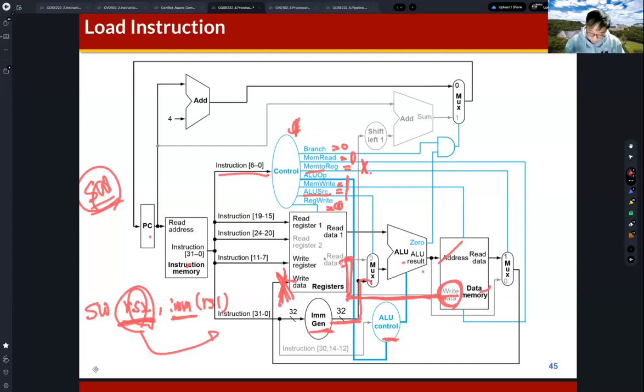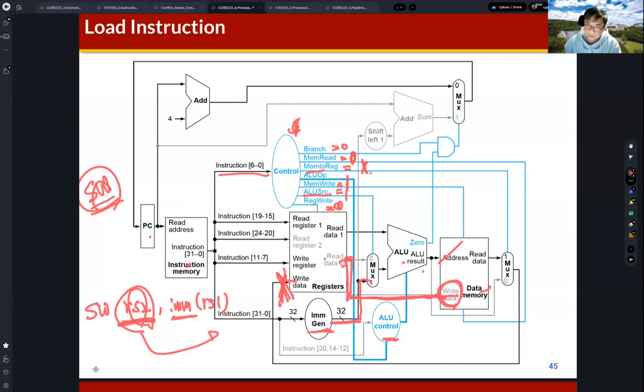One student asked about the control signals of the store instruction, specifically the MemRead control signal for the store word instruction. Obviously, MemRead should be 0 for the store instruction, because the store instruction does not read data from the data memory.